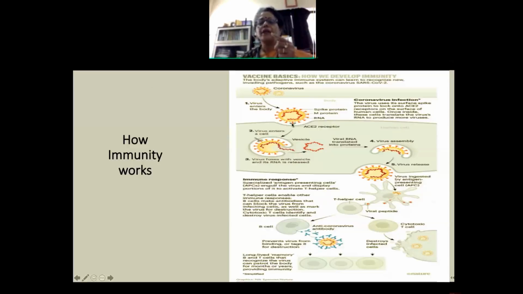So here, the ACE2 receptors will bind to the spike proteins of the coronavirus, and it enters the cell, and the RNA genome of the virus is going to fuse with the nucleic acid of the host cell.